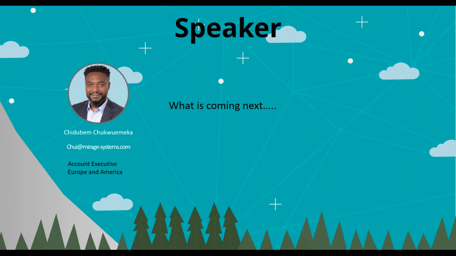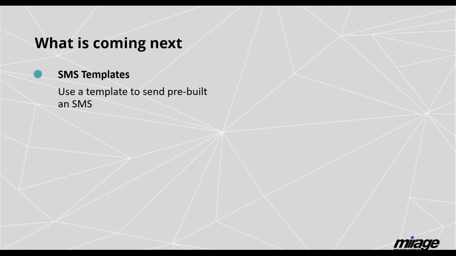Thank you, everyone. I'm taking over right now, giving you more insight into what we are cooking. We are trying our best to continuously bring new features to the CTI Data Connector to help you better serve your customers. One of those is the SMS function, which we have right now and which is functioning optimally.